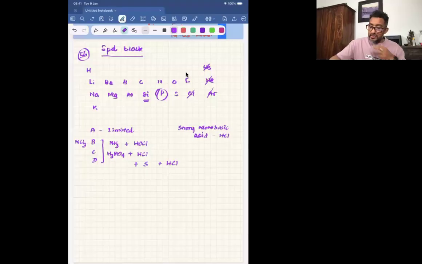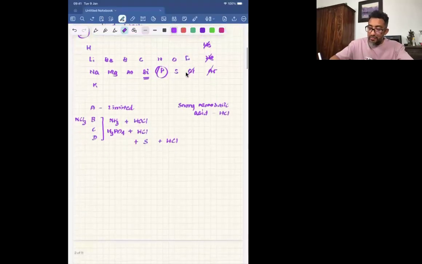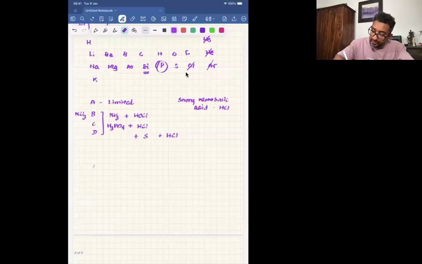So these are the compounds that you have: A, B, and then C and D. B is definitely NCl3. C is H3PO4 and HCl. The oxidation number is +5, which means this is PCl5. Sulfur should form a chloride, SCl2, right?